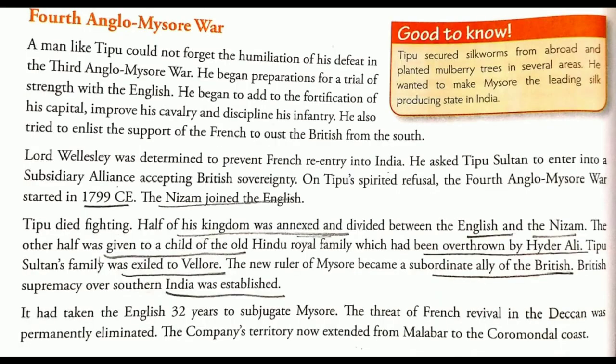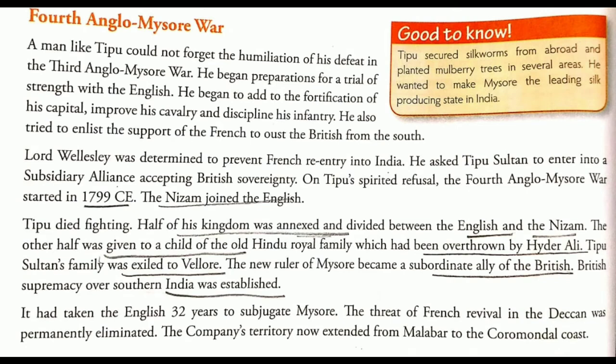Fourth Anglo-Mysore War. A man like Tipu could not forget the humiliation of his defeat in the Third Anglo-Mysore War. So we can understand the position of Tipu Sultan. He had to give the money, and overall he had to give two of his sons under the Britishers' complete control. So he began preparation for a trial of strength with the English. Now he was making his last attempt to fight against the Britishers. He began to add to the fortification of his capital, improve his cavalry, and discipline his infantry.